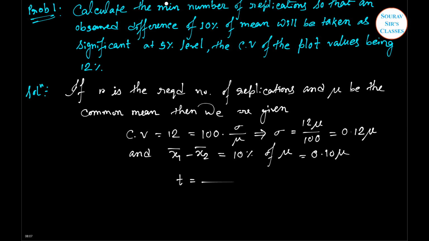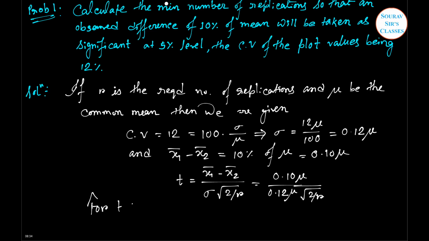Therefore, small t equals x1 bar minus x2 bar by sigma root 2 by r, equals 0.10 mu by 0.12 mu root 2 by r.